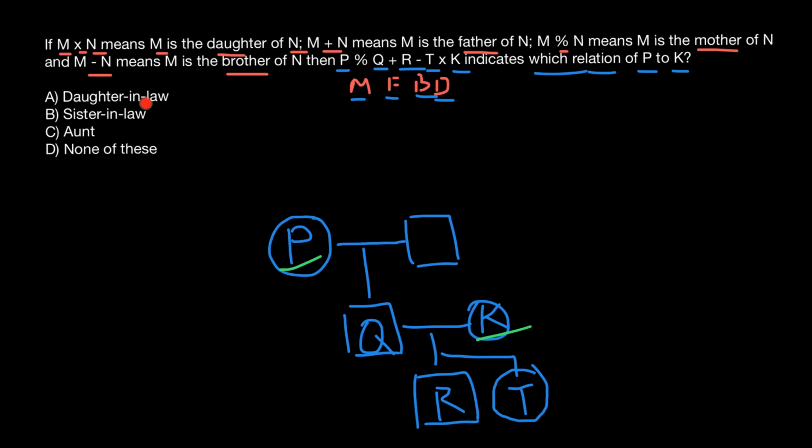We see daughter-in-law, sister-in-law, aunt, and none of this. If the question were what is the relation of K to P, then we could say that K is a daughter-in-law of P, and we would choose answer A. But our question asks us the relation of P to K, and P would be mother-in-law of K, and we do not see such an answer here, so we have to choose answer D, none of this.